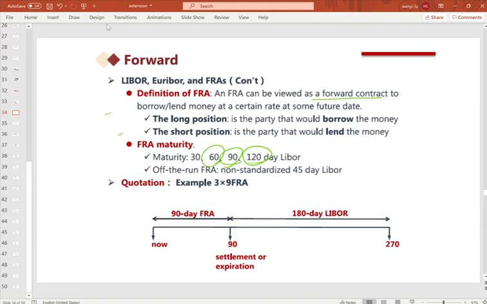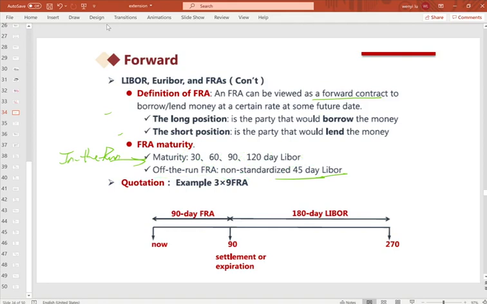That means the FRA is not in standardized days, not 1 month, 2 months, 3 months, or 6 months, but 1 month and 15 days, or 45 days. It's a non-standardized time frame. This one is on-the-run, and this is off-the-run. Off-the-run means the date is not standardized, not a whole number of months, but maybe in the middle of the month.